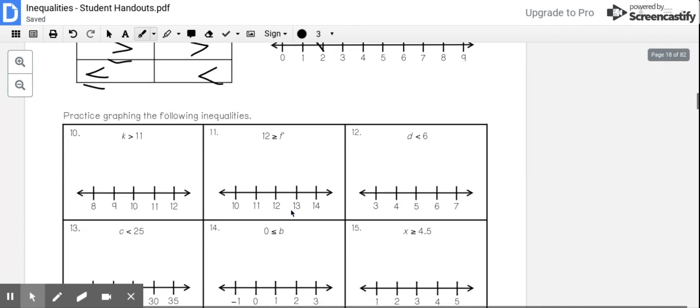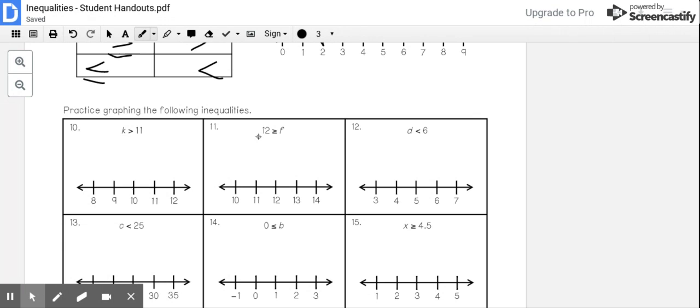But you got to be careful because if you look down here, they don't always put the variable on the left side. So on this one that we're going to go ahead and do together, you can figure out what strategy works for you. Some kids like to flip-flop them, and then you have to make sure that you switch the sign. And then since the variable is on the left side, you can follow this arrow going left. So I'm going to go to the 12 and color my circle in.